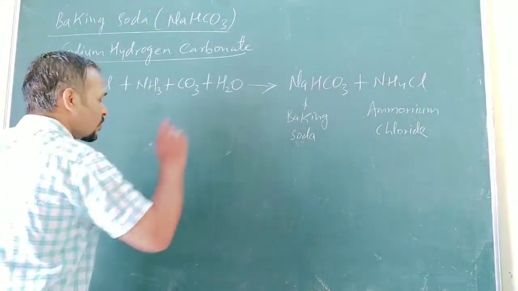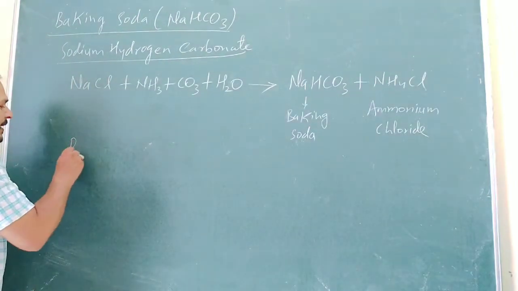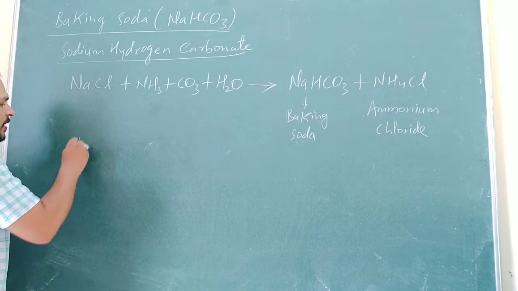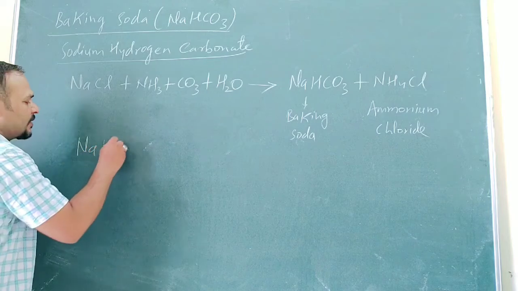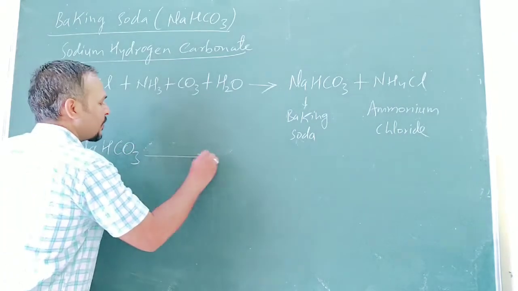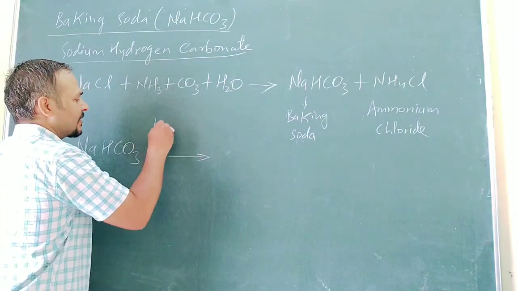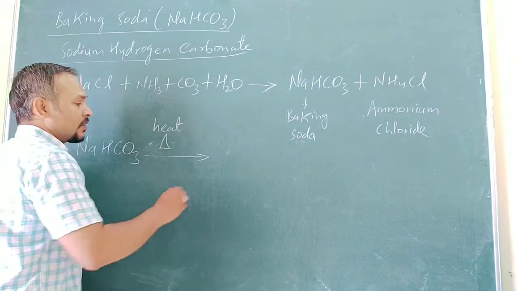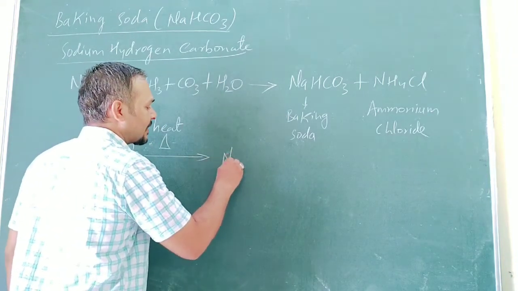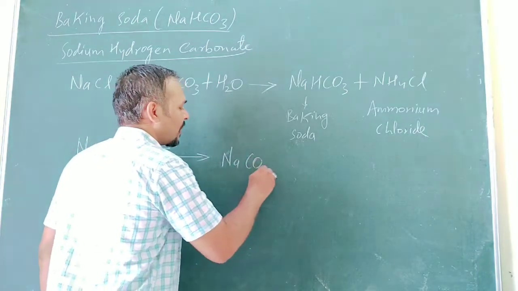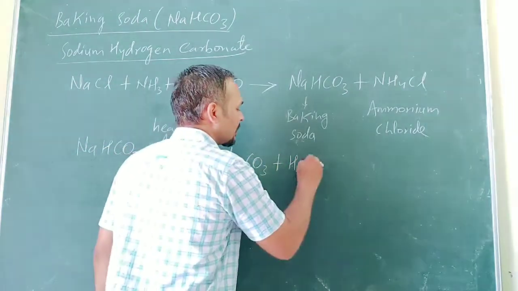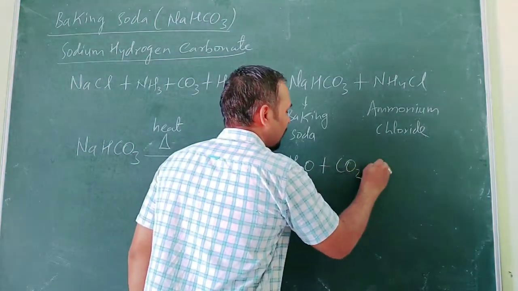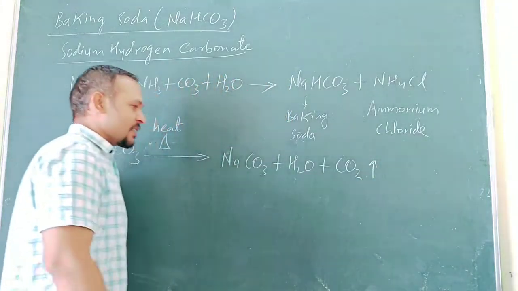Now, the baking soda which is produced, when it is heated, sodium hydrogen carbonate, when it is heated, what will we get? We will get sodium carbonate, water along with carbon dioxide which is released, right?